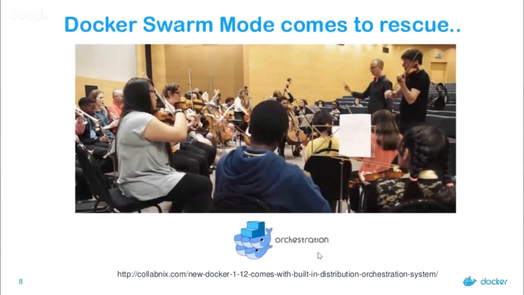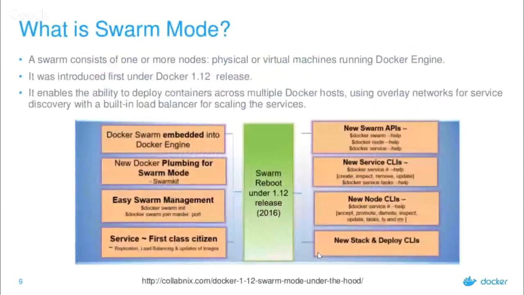Docker Swarm is an orchestration tool. It is a native clustering tool offered by Docker. So let us try to understand how Swarm is different from Swarm mode. When you hear about Swarm, it basically indicates classical Swarm, which was before the 1.12 release.